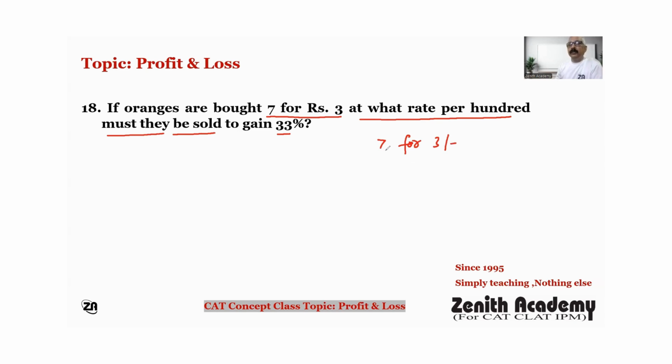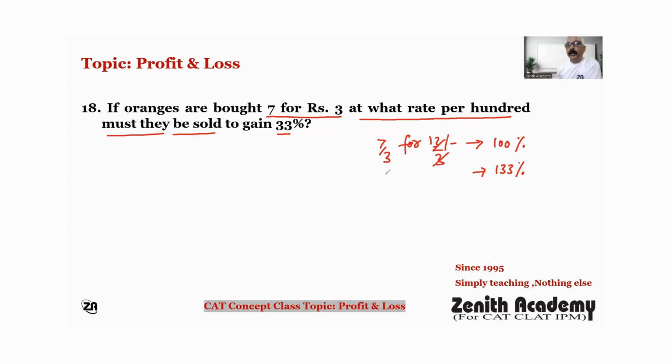So 7 oranges for rupees 3 means 7 by 3 oranges in 1 rupee is equal to the 100% of investment, right? And you want to make 33% profit, means what in 1 rupee is equal to 133%.